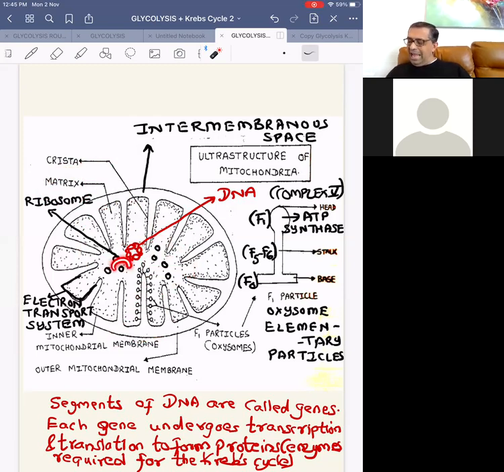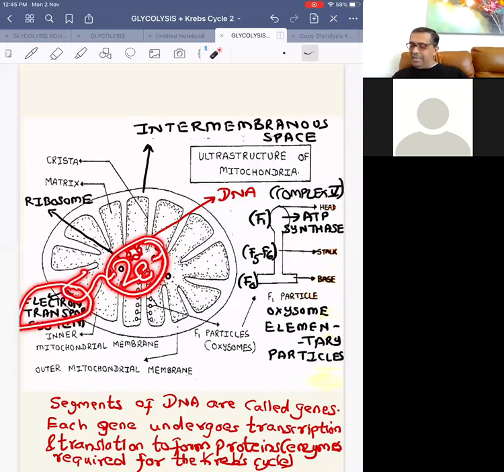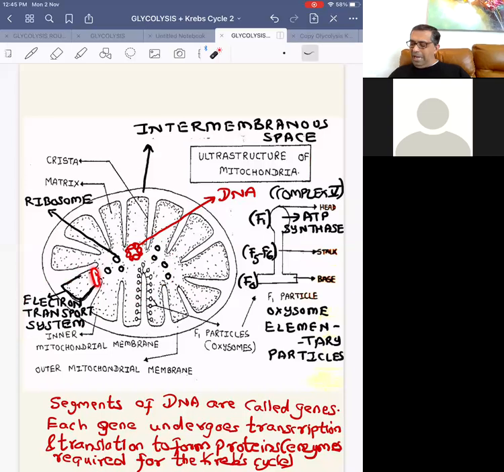The 2 electrons will go towards the inner mitochondrial membrane, where they will pass through the electron transport system consisting of cytochrome B, cytochrome C1, cytochrome C, cytochrome A, cytochrome A3, and undergo electron transport. Let's see what this is, the ETS.